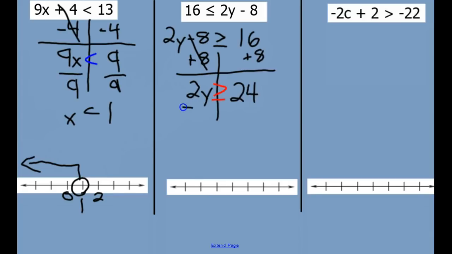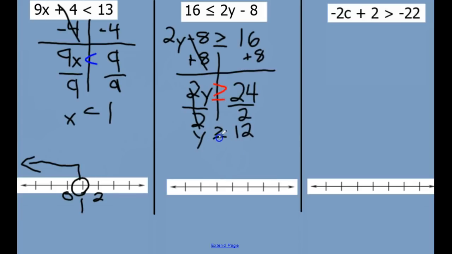Now to get y by itself, we have to divide by 2 on both sides. What we get is y is greater than or equal to 24 divided by 2, which is 12.